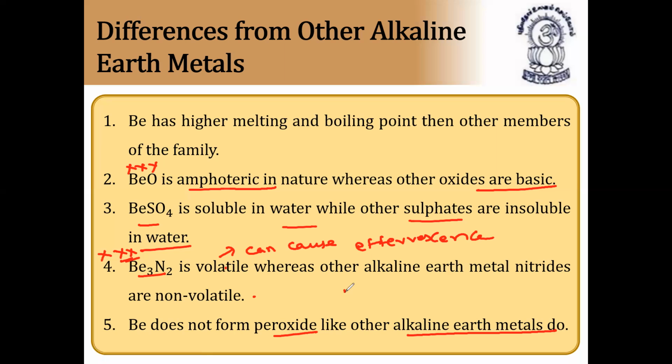The peroxide formula is MO2, not M2O2, it is only MO2, for example barium peroxide BaO2. And the oxidation state of oxygen in peroxide is -1.